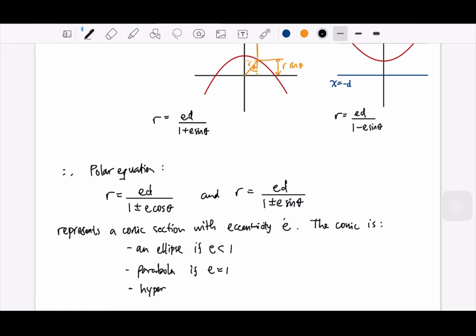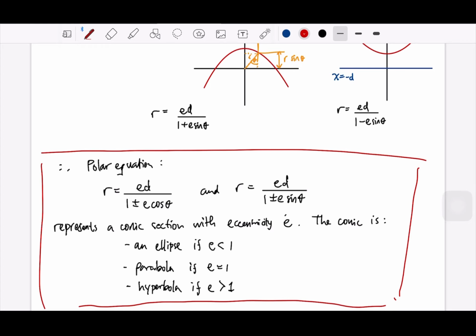So basically this is the whole thing in these sections. The previous slide is just some proof of this E and the polar.